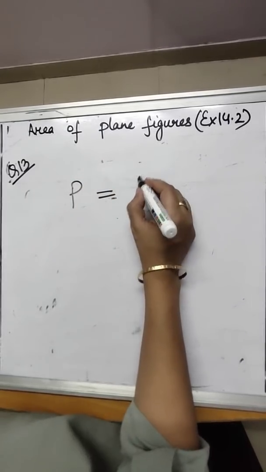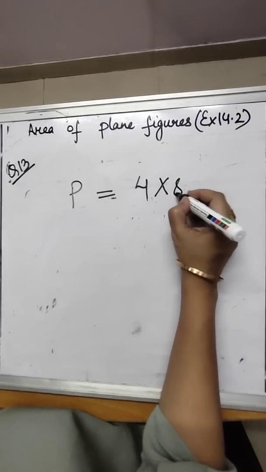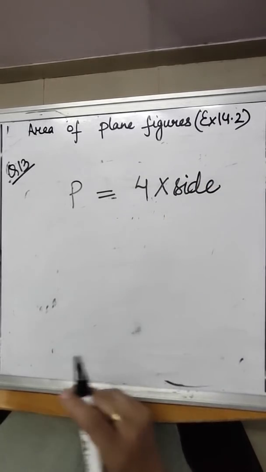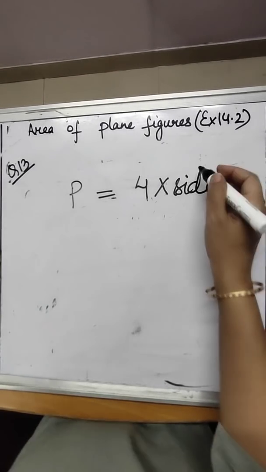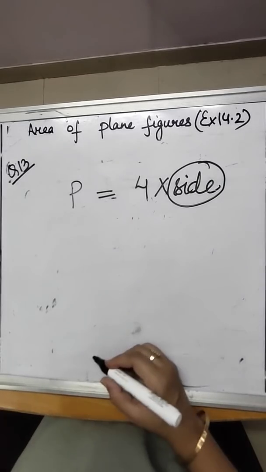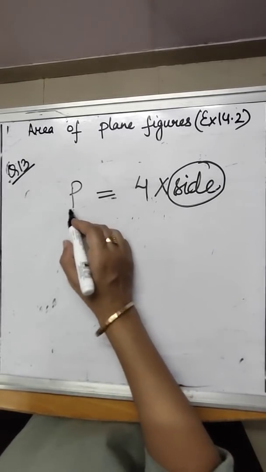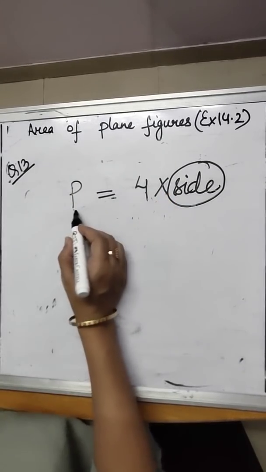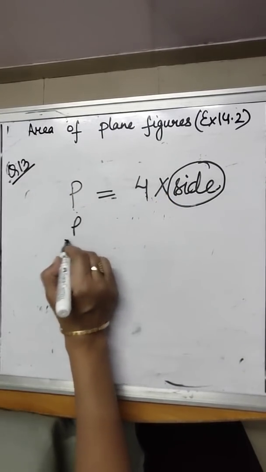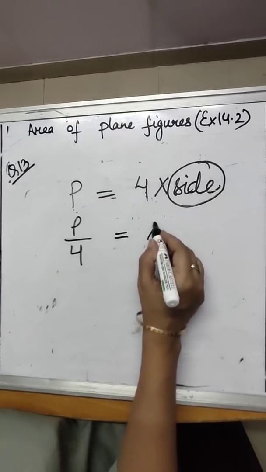So what is the perimeter of a square? It's 4 into side. Yes, and as I said that whatever is unknown, we keep it on one side. So this is side which is unknown right now. I have the perimeter. So to find out the side, I will bring this 4 here. So when this 4 will come here, it will become upon 4.